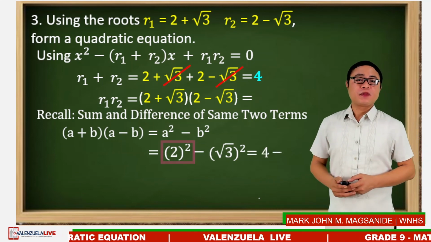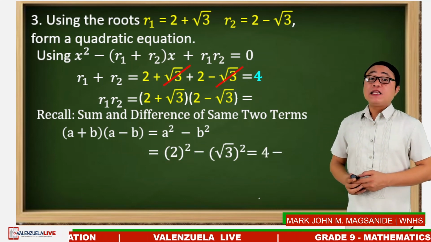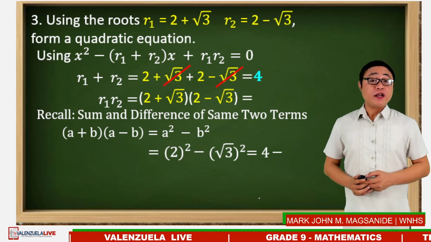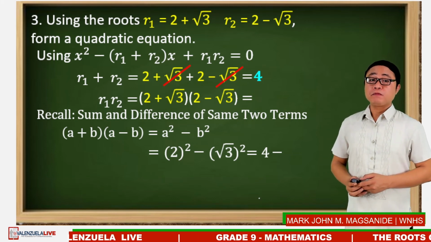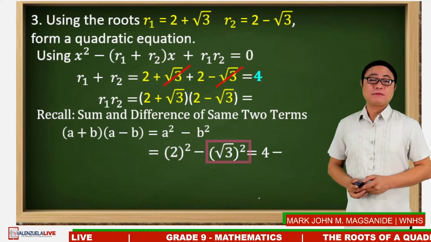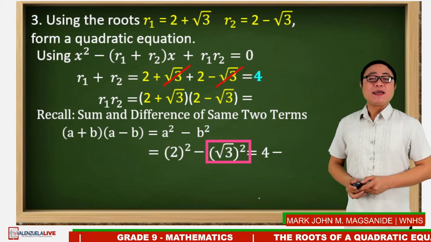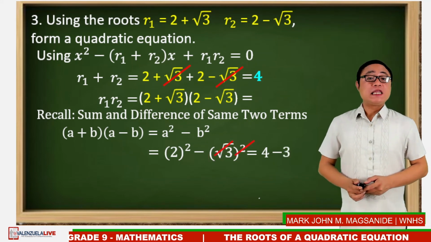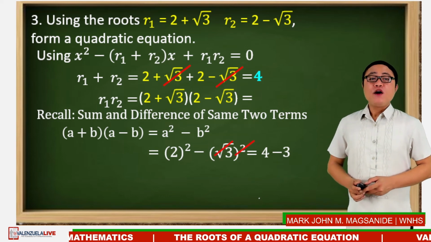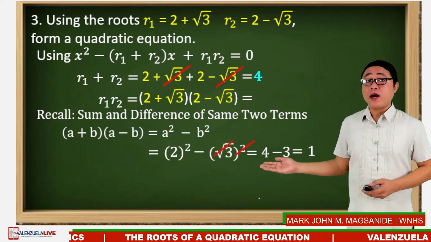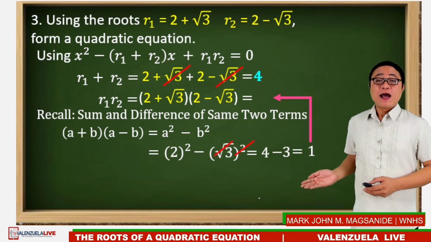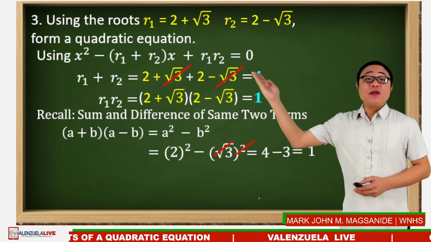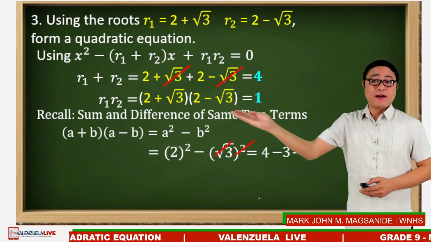Very good. Minus the square of square root of 3 is equal to, what do you think? Great. That is equal to 3. And 4 minus 3 is equal to what? 1. Therefore, the product of the roots is equal to 1.